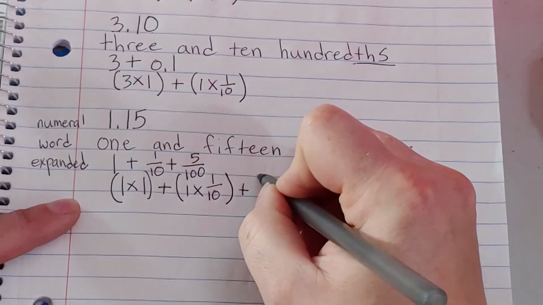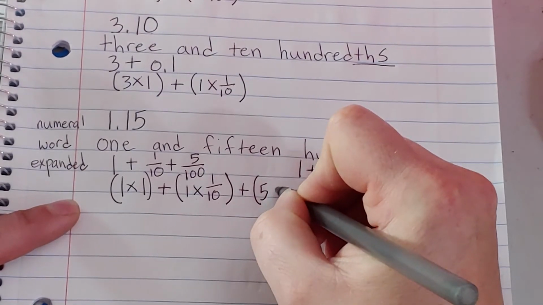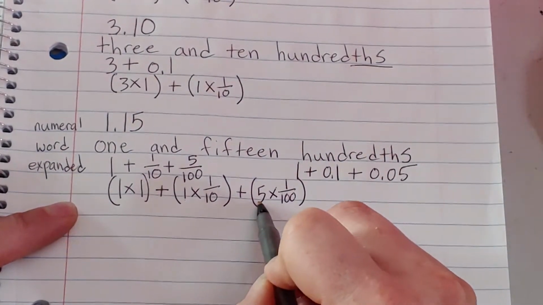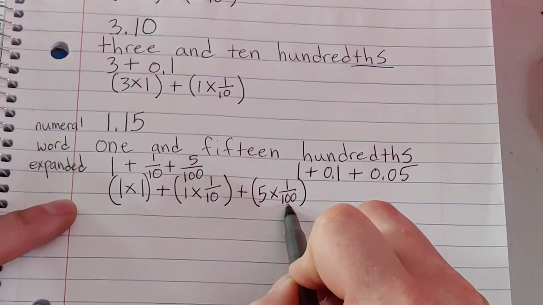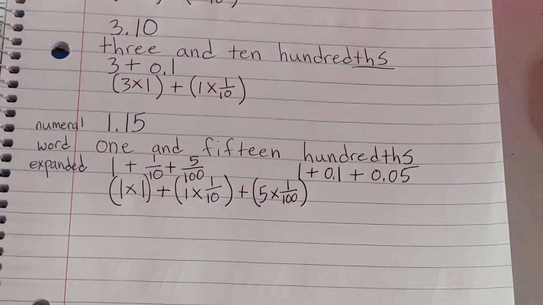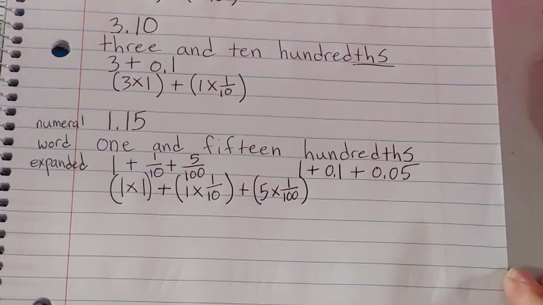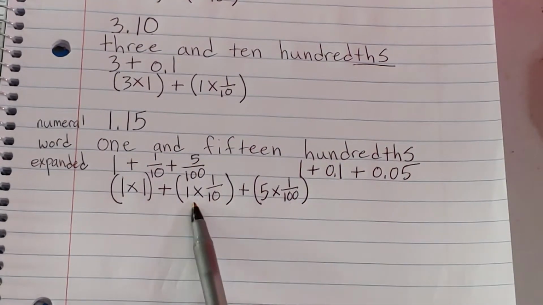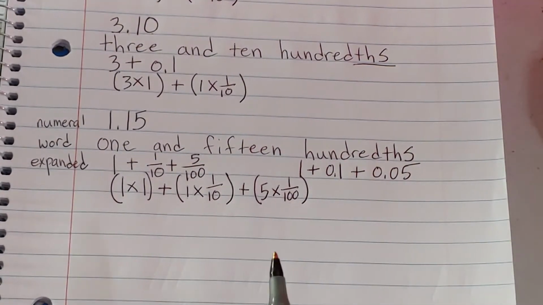And we have a 5 in the hundredths place, or we have 5 groups of the 100ths place. So making sure you keep all those numbers apart. The only one we don't have to record are those zeros. Everything else should only have one number with it.